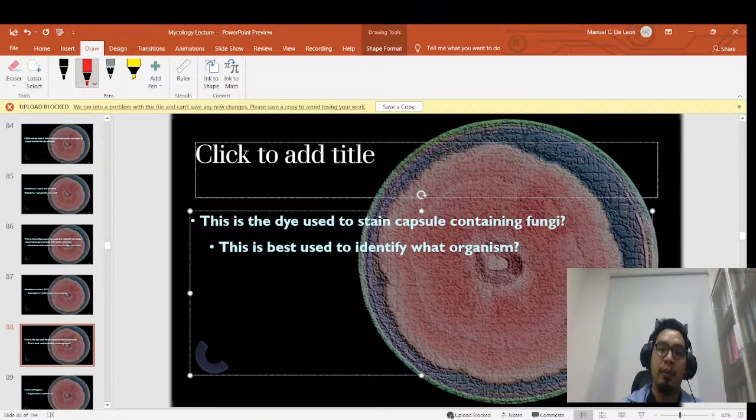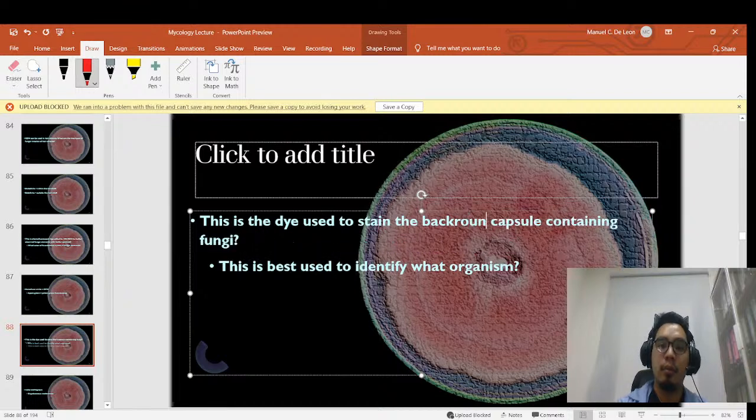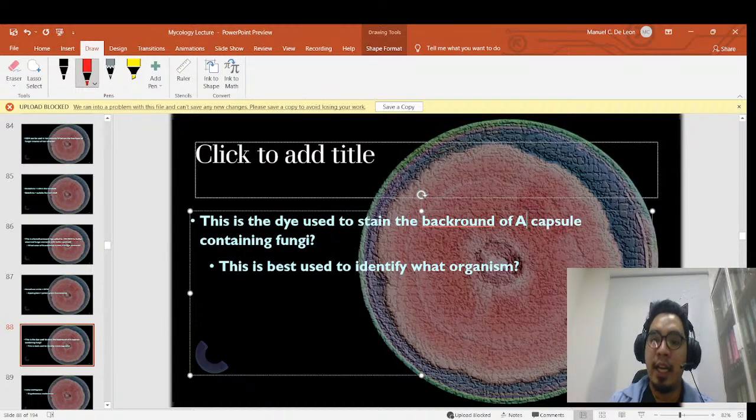This is the dye used to stain the background of a capsule containing fungi. Anybody? Searches? It's pretty common. These are pretty common techniques that they might ask you in the board exam.